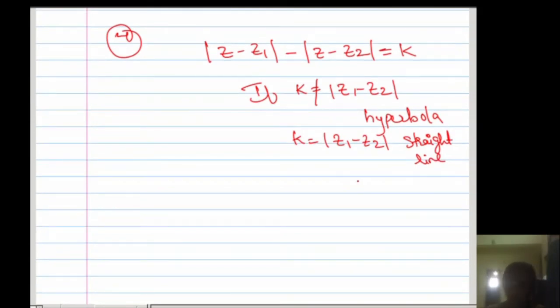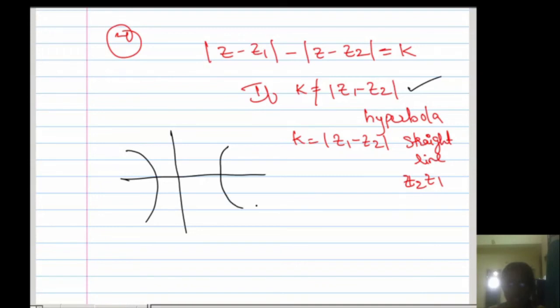So it represents a straight line, and Z lies on the ray BA, here meaning Z2, Z1. What is the meaning here? Geometrically, I already told you the hyperbola concept. You will read ellipse and hyperbola in the next semester.